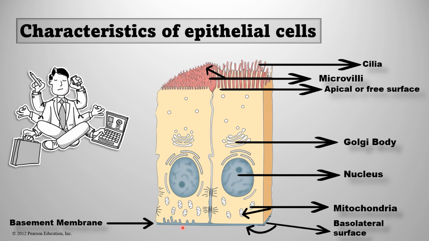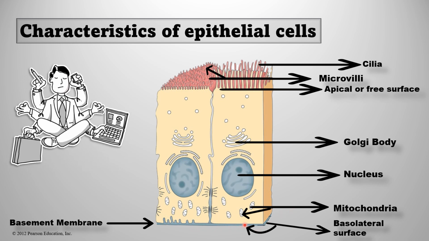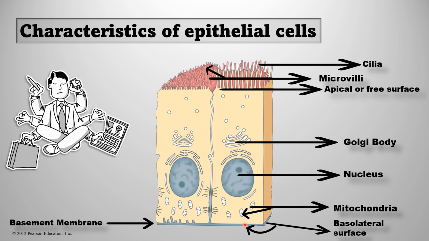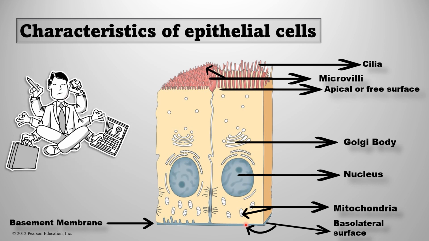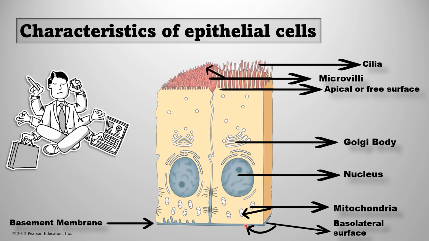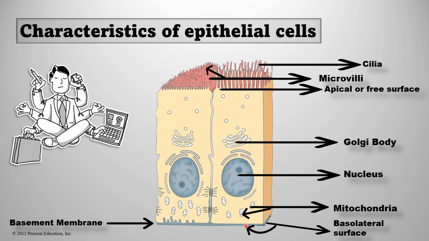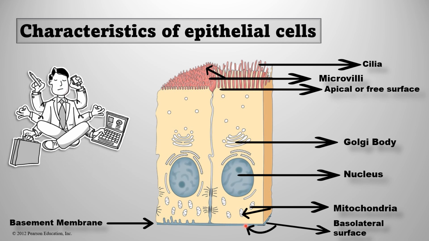So this is the basement membrane, and this is the basolateral surface, which are very important to each other. The cell lies on the basement membrane, and actually it's generated from this basement membrane.